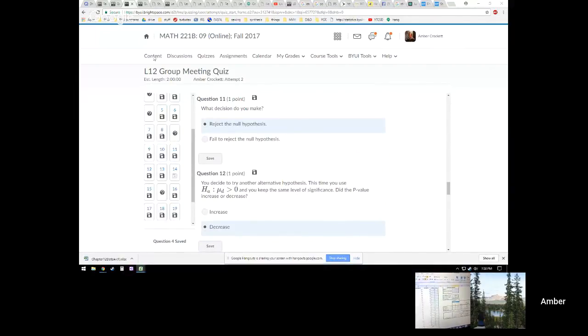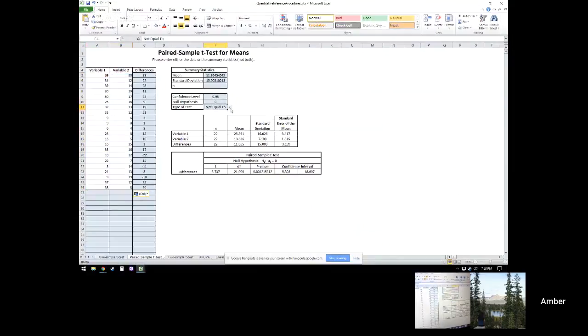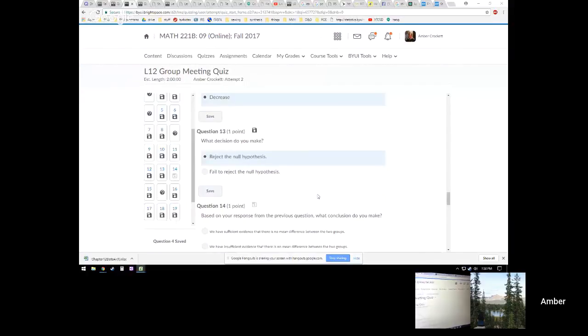If you take that not equal to and do greater than, then it goes down. The p-value, did it go down? Yeah, because it's 0.001 and then 0.006. So it will decrease. What decision do you make?